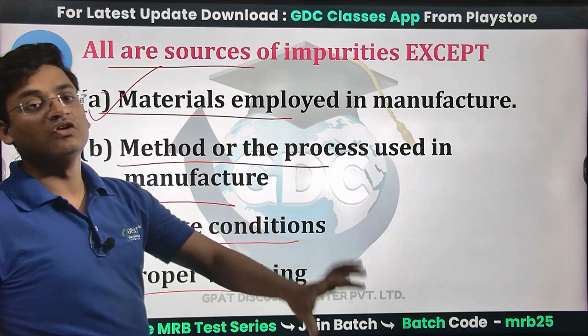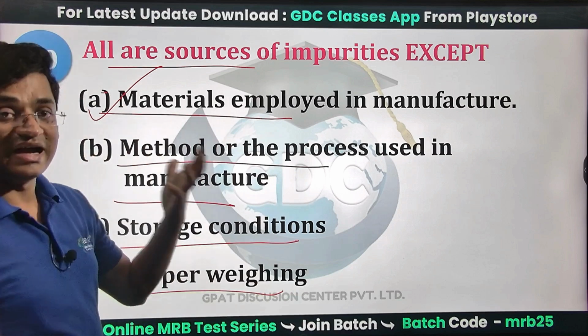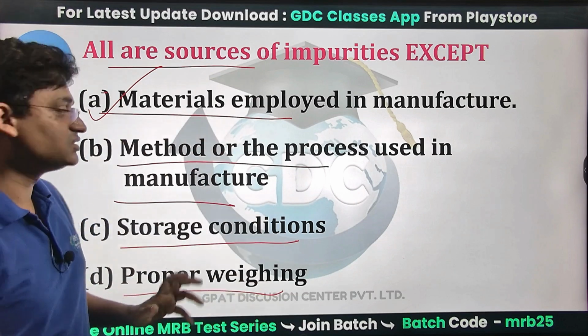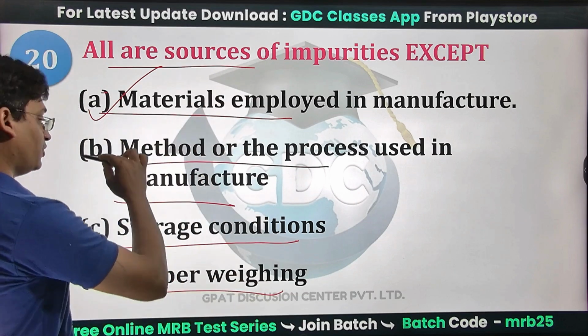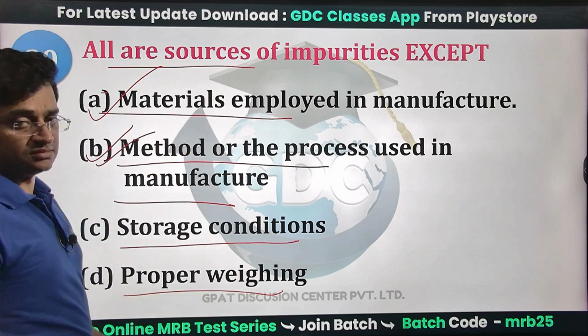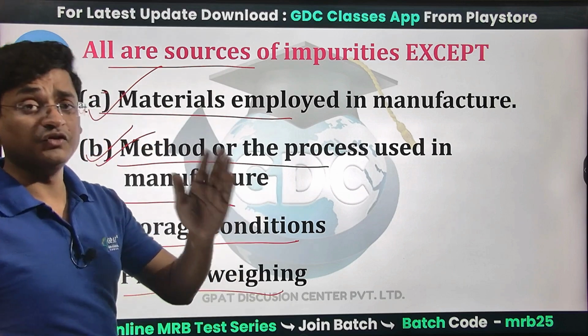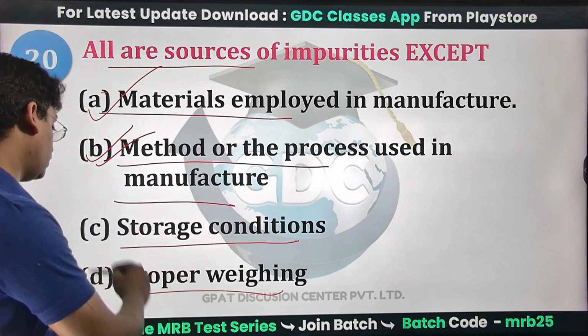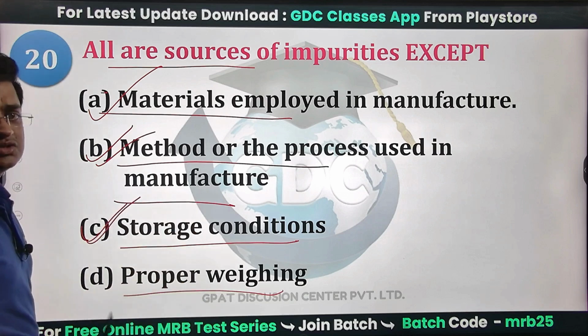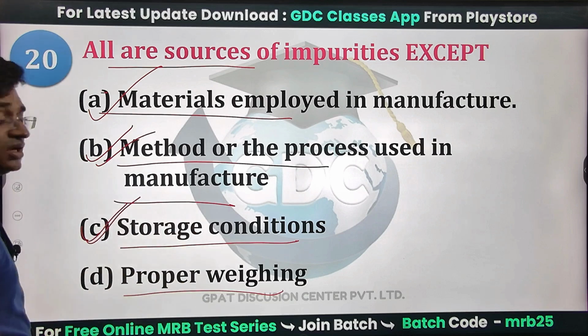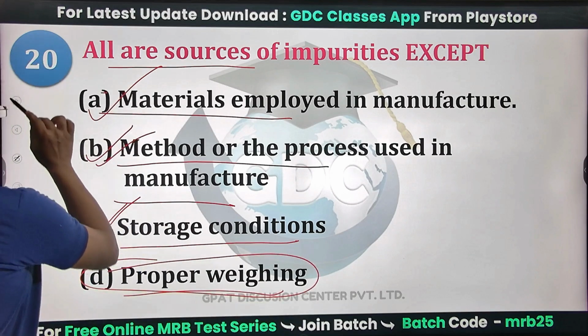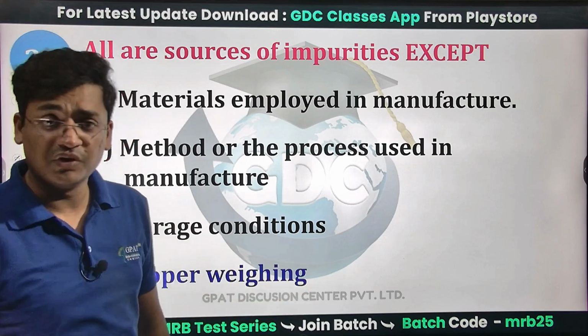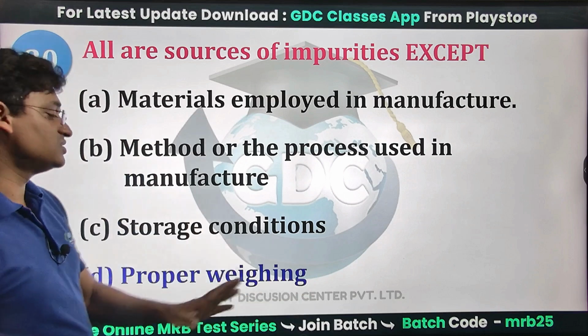If you are not following proper manufacturing guidelines and processes, this can cause impurities. Storage conditions, yes, of course. If you do not have proper storage conditions, it can make your compound not suitable and thus cause impurities. So proper weighing is not something that causes impurity in your compound.